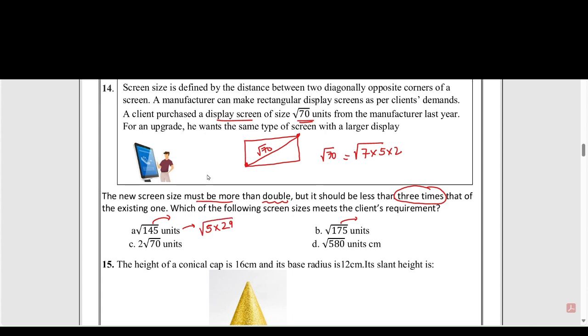Root 175 is 5 into 5 into 7, where 5 can come out, giving 5 root 7. This is exactly double of this, and root 580 is 2 times root 145 if you solve this.